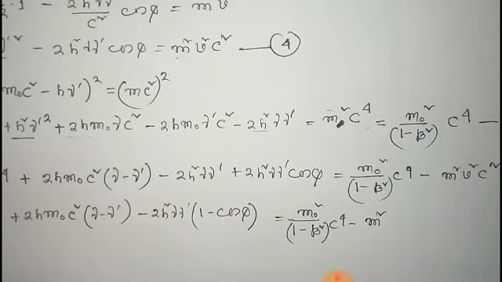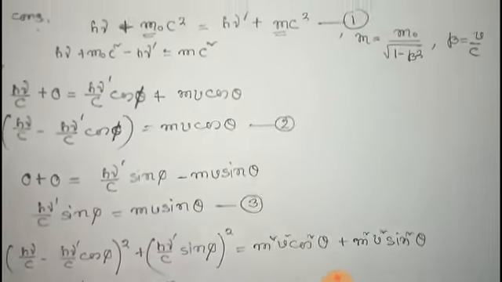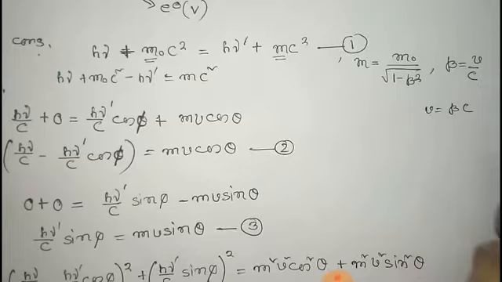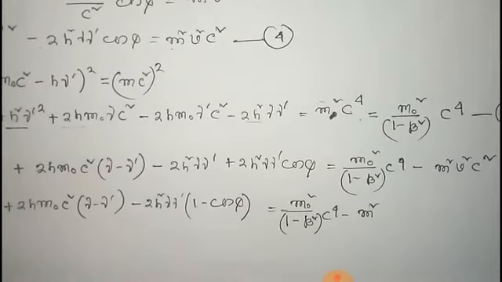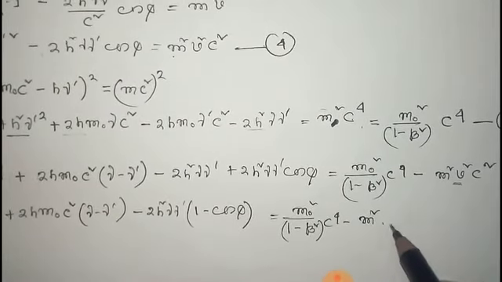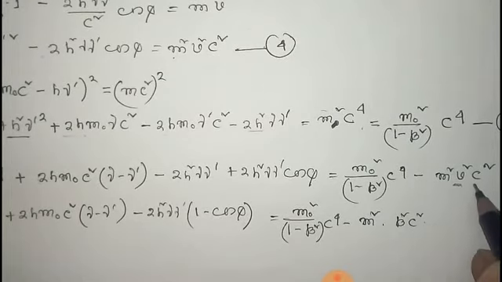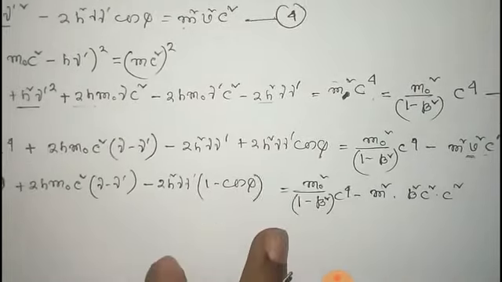Now we know that beta is equal to v by c, so v is equal to beta c, and now we can put this relation there, so it will be beta square c square into c square.